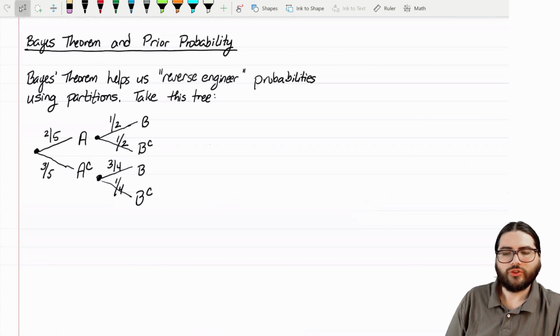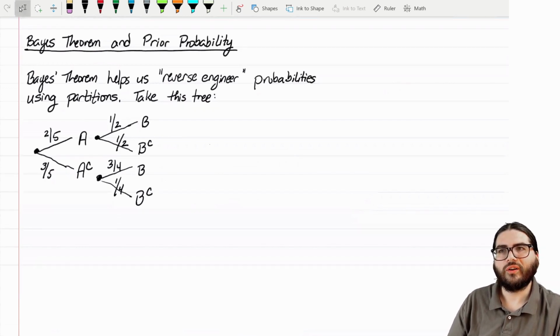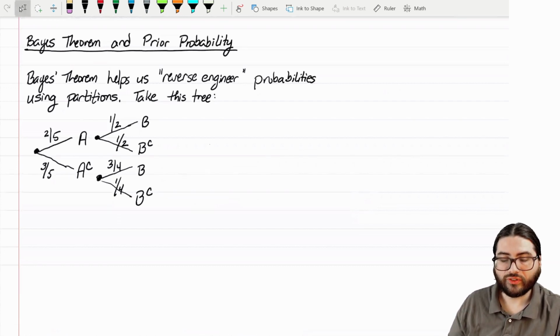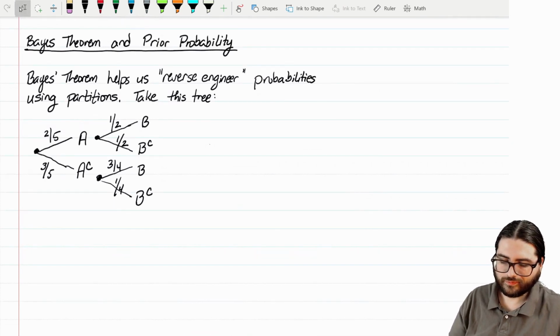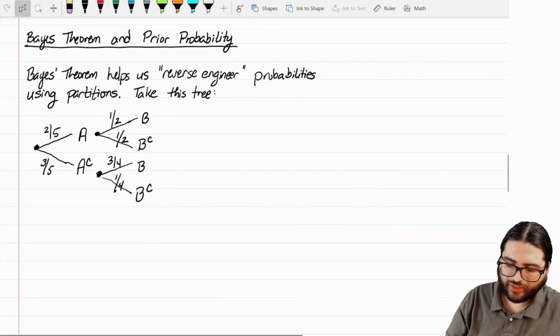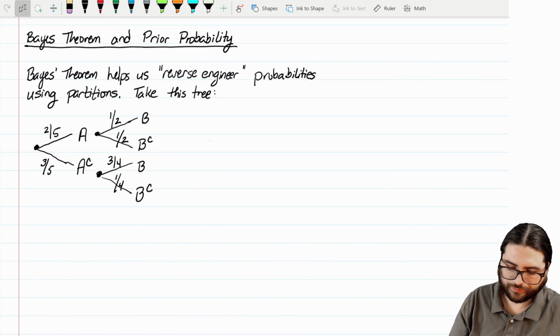But when we're working with trees, we don't always get our way. In some sense, sometimes the questions that we ask can't be answered from the tree directly. There are lots of questions that can be answered from this tree directly.